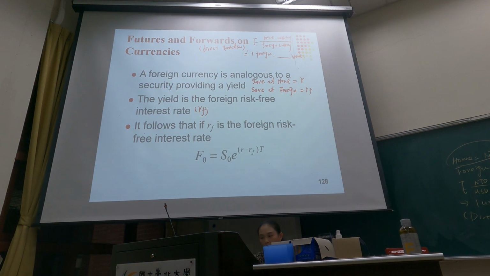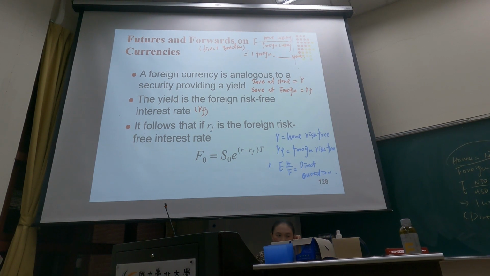Write down: R is the home risk-free rate, RF is the foreign risk-free rate, and the exchange rate is for foreign to home, which is the direct quotation. So far so good?